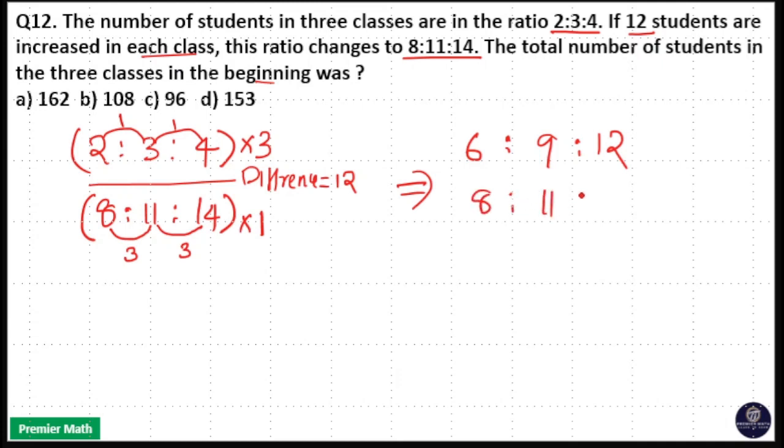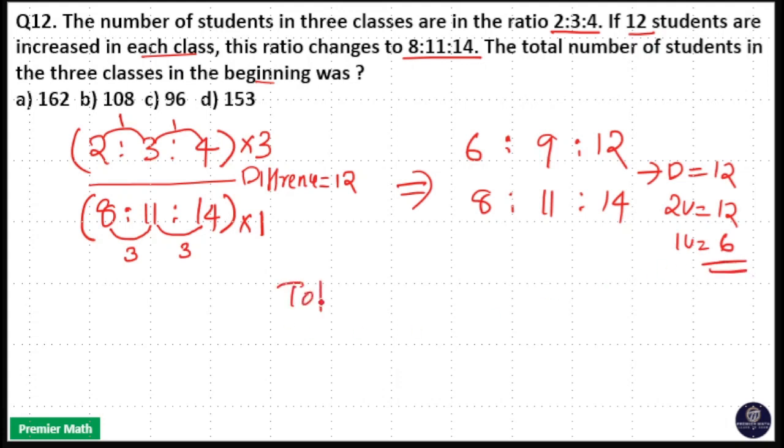So, here 8 is to 11 is to 14. Here you can see the difference is 12 unit. That is, the difference between 12 and 14 is 2, 9 and 11 is 2, 6 and 8 is 2. So, 2 unit is 12, 1 unit is 6.